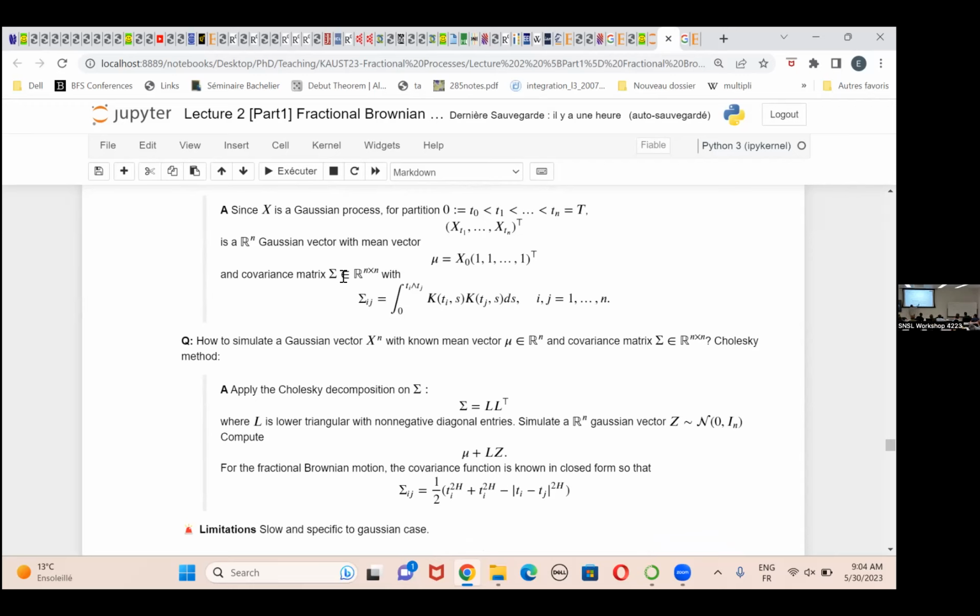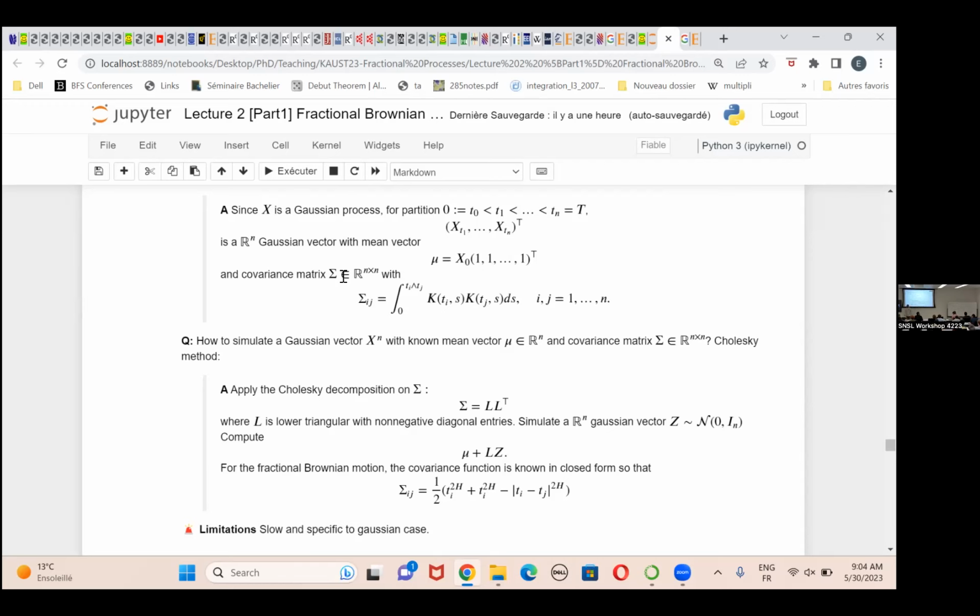And you can show very easily that if I denote by Z an n-dimensional IID Gaussian random vector, then mu plus LZ has the same law as X, because it has mean mu, and the covariance is L times L transpose, which is sigma.